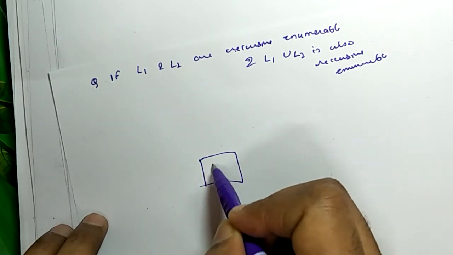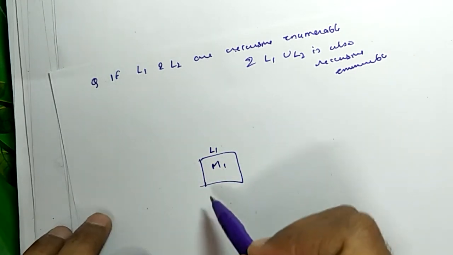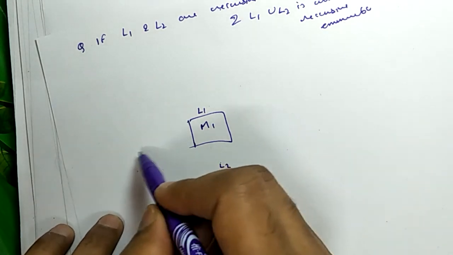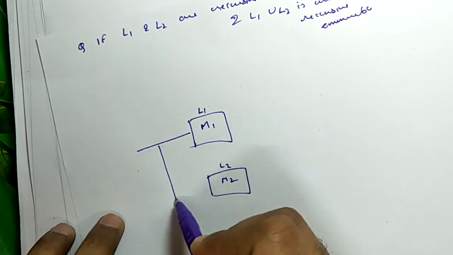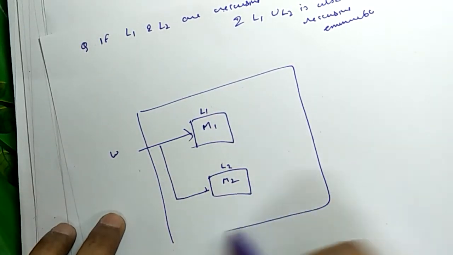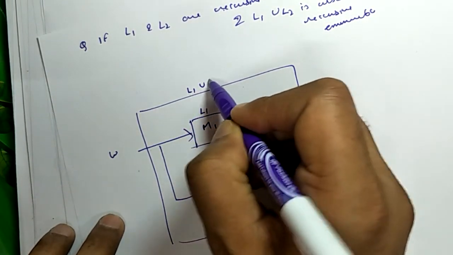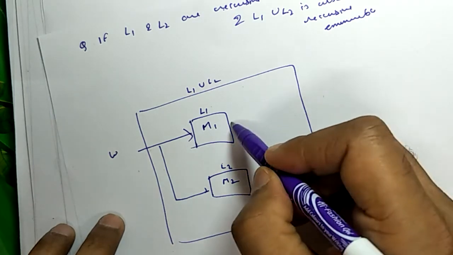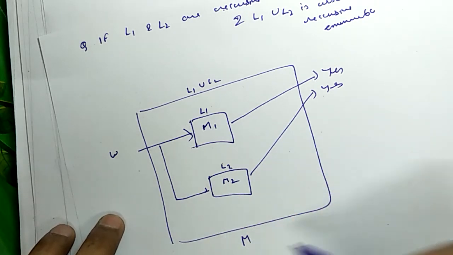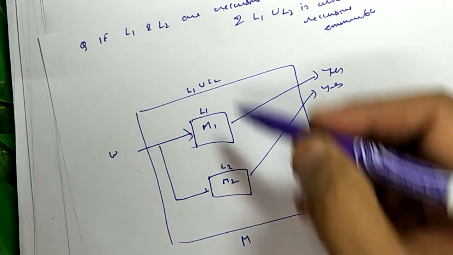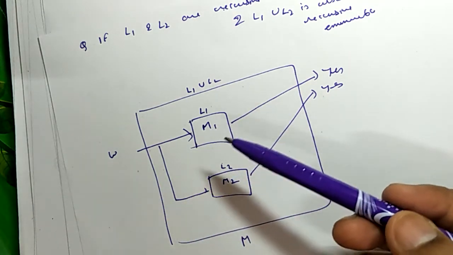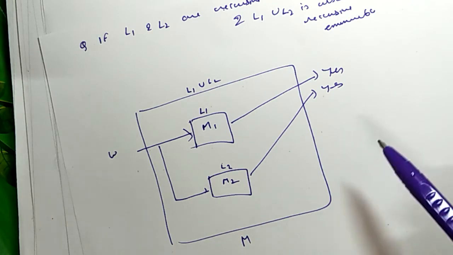So if we provide an input, this is language L1 and we have a Turing machine M1, and this is language L2 and we have a Turing machine M2, and we provide an input to both. So we design a Turing machine for L1 union L2, that is M. Either it will be accepted by this or by this, so it will be accepted by M. M is for L1 union L2. So in union, an input should be accepted by either this or this.